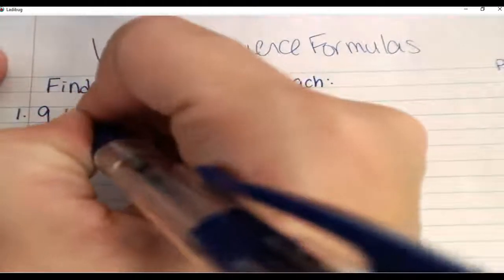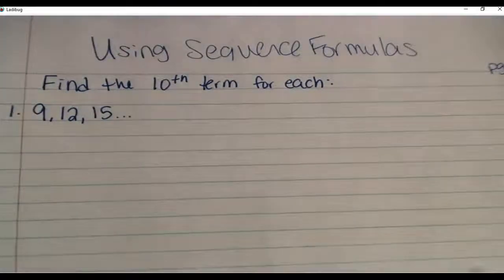So let's say we have 9, 12, 15, etc. To write the explicit formula, we need first to decide is it arithmetic or geometric. So which one is this?